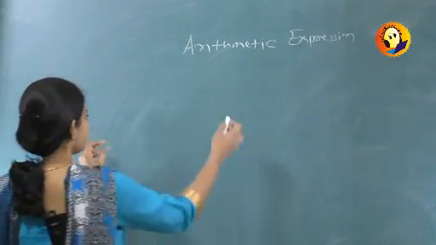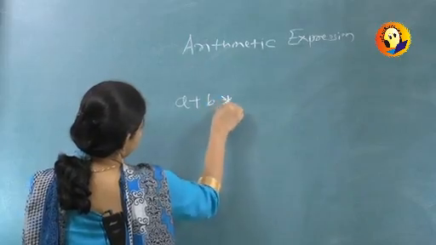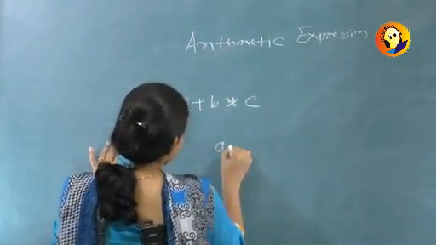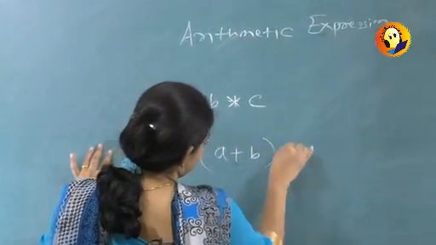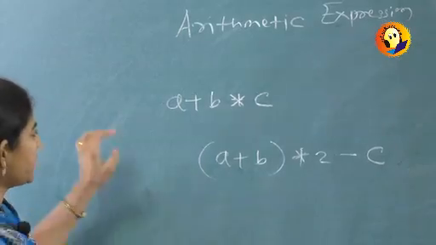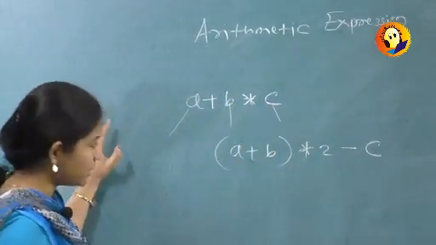For example, consider the expression a plus b multiplied by c. This is one expression, whereas a plus b into 2 minus c is another expression. In this expression, a, b and c are variables.